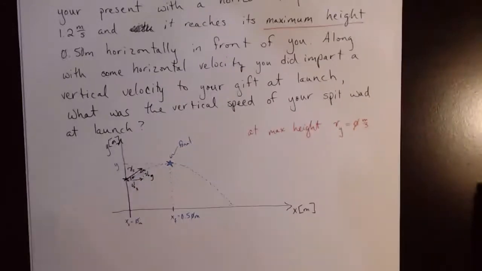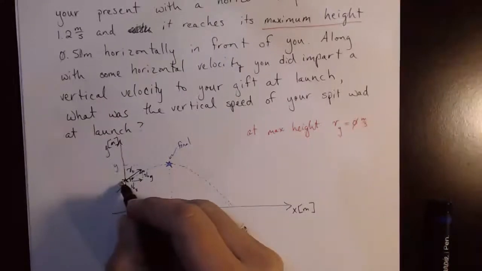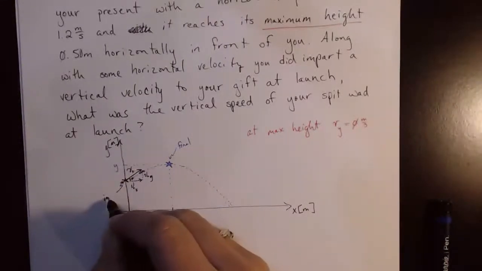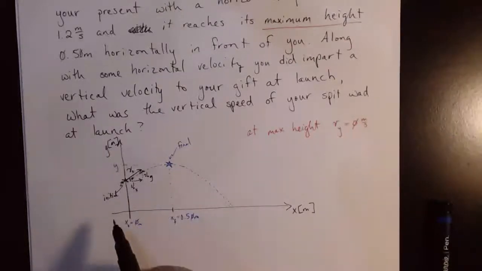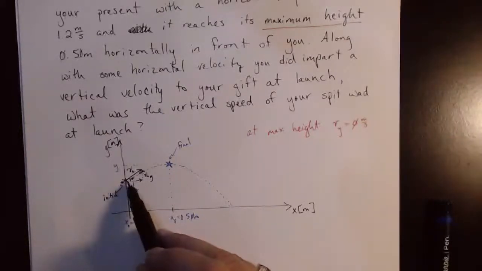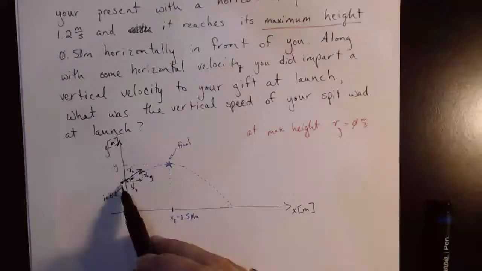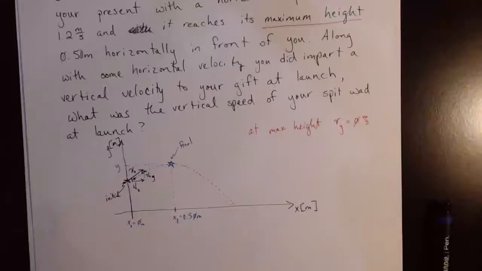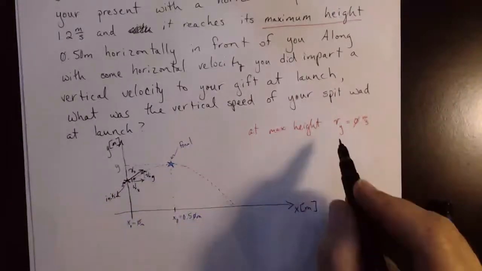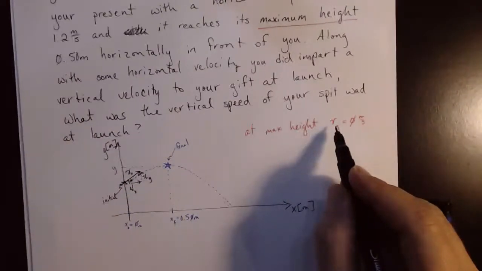This one is our initial position because everything starts there. And then your spit wad follows a path until at a later time it's here. So this will be our final, and this is our initial. We know the velocity at that maximum height is 0 in the y direction.